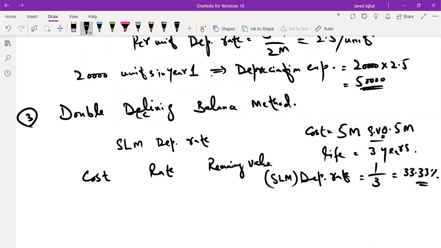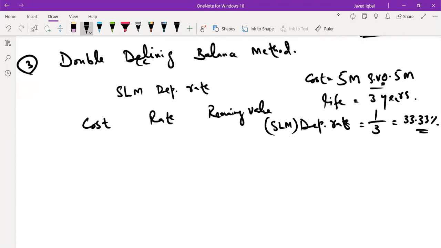So in the first year, your cost was 5 million. The depreciation rate is constant. So you multiply this 5 million by 33.33 percent, and you get 1.66 million.